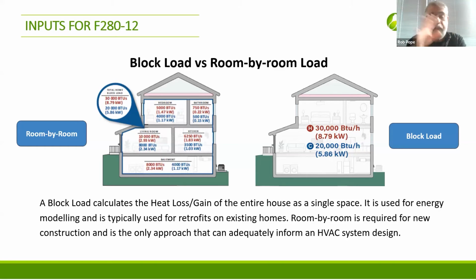You're completely designing a system from scratch. And you need to know how much energy to deliver and where to deliver it. And you turn that into cubic feet per minute, and that tells you what size of ducting and piping you need, and velocities and pressure drops, everything you need to know in the room by room. That's what you need to do.